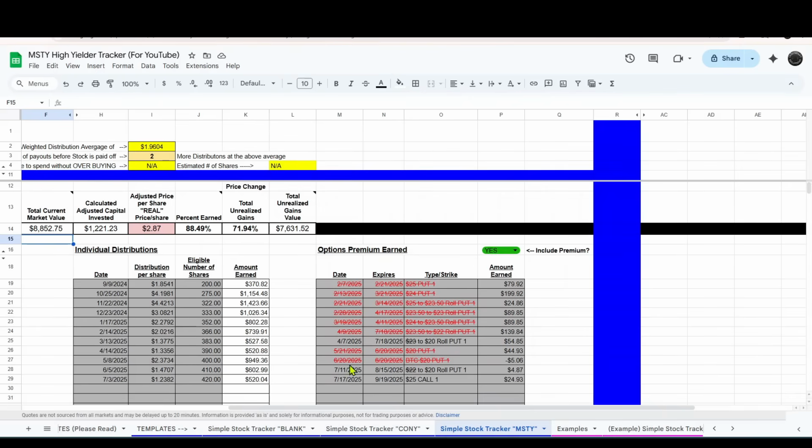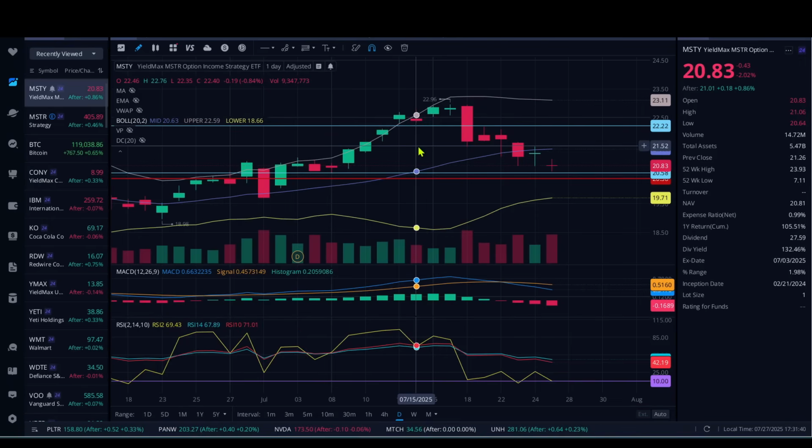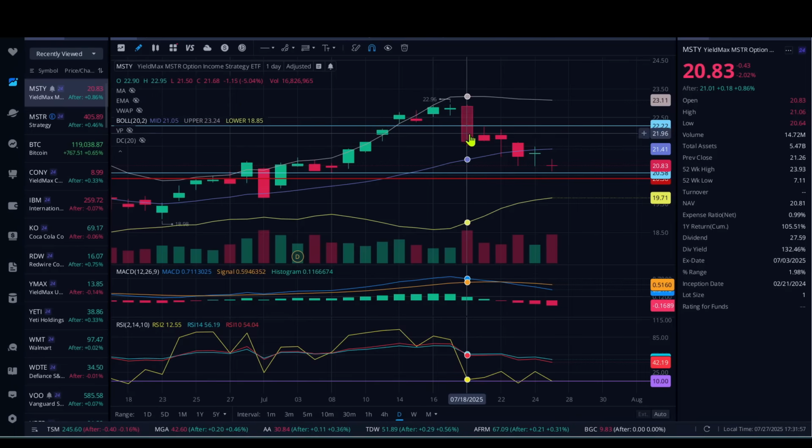Well, if we look at the chart, let's go back to Misty, and here, this big red candle, this big huge drop right there, if it did go below that $20, which is all the way down to about right here where my cursor is, if that would have dropped all the way down to there, then I would have been assigned those shares.